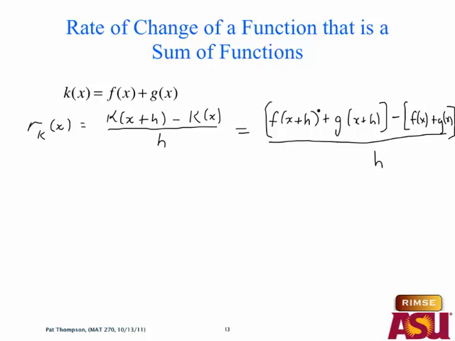Now we apply the definition to write what the rate of change function is. So notice, you see an f of x plus h and a minus f of x. Let's group those together. And you see a g of x plus h and a minus g of x. Let's group those together.